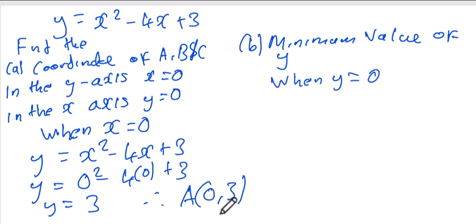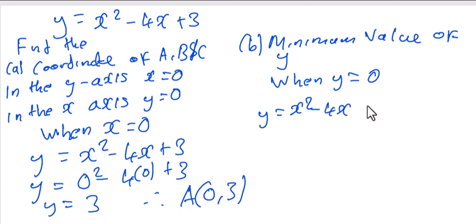Then for us to find the coordinates of B and C, we're now going to say when y is equal to 0. So we have y equals x squared minus 4x plus 3.